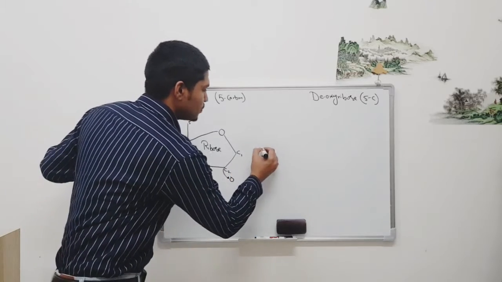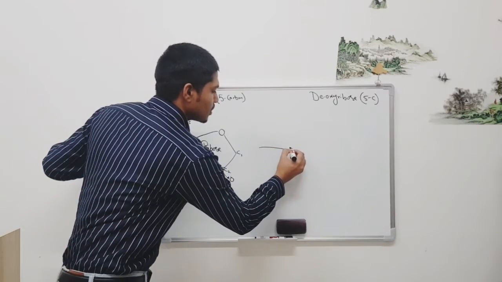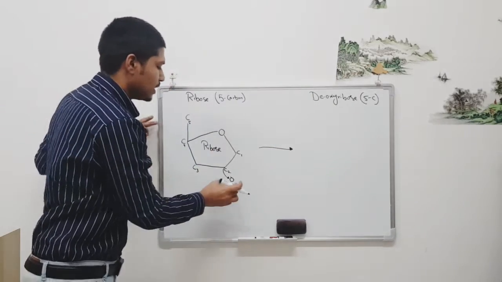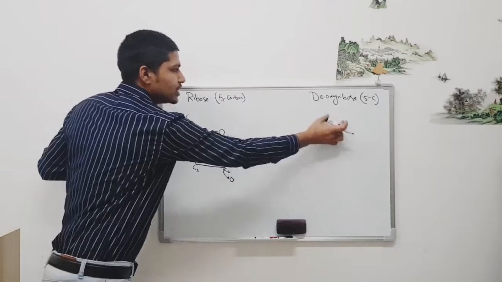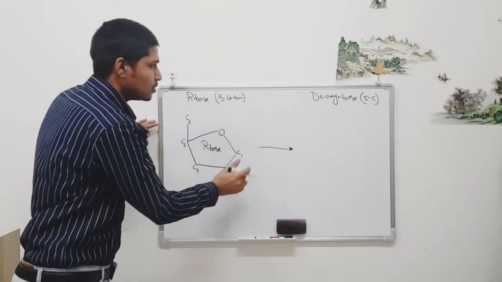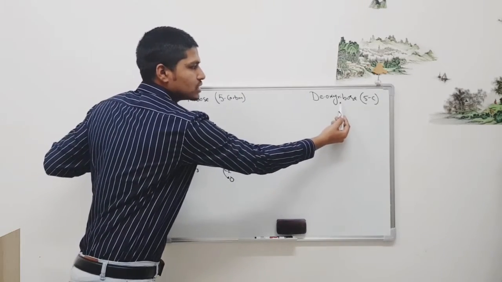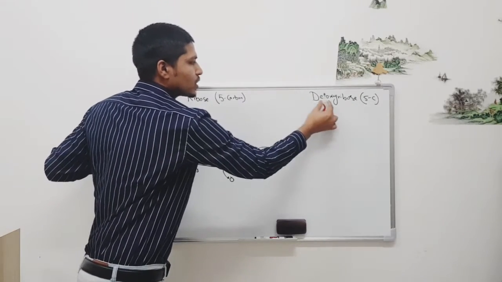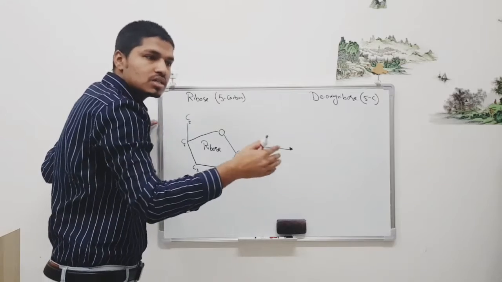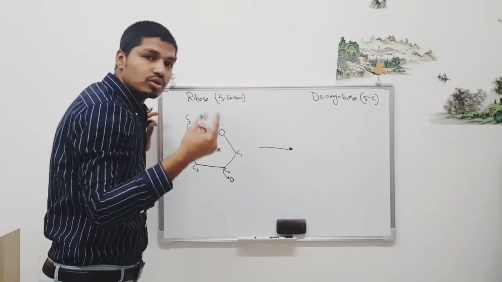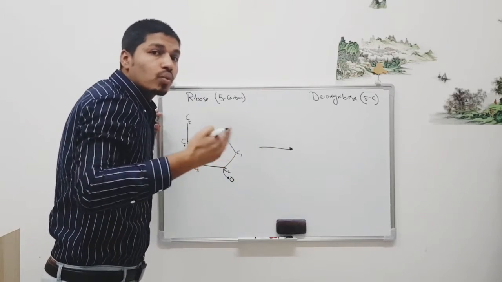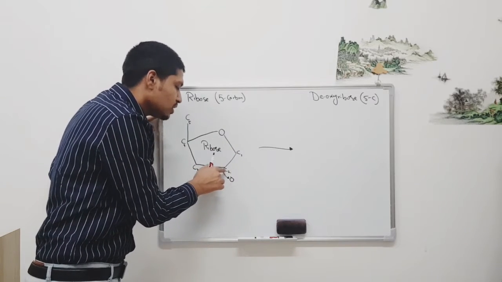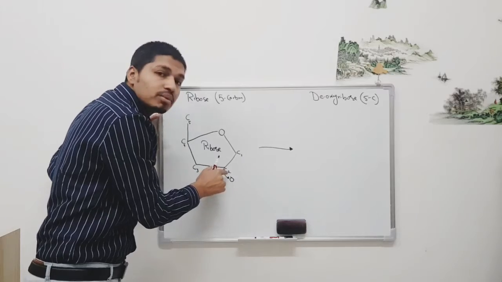If we want to convert the ribose into deoxyribose, look at the term deoxyribose. It means a ribose molecule with deoxy. Deoxy means you have to remove the oxygen molecule, which is attached on carbon number 2.